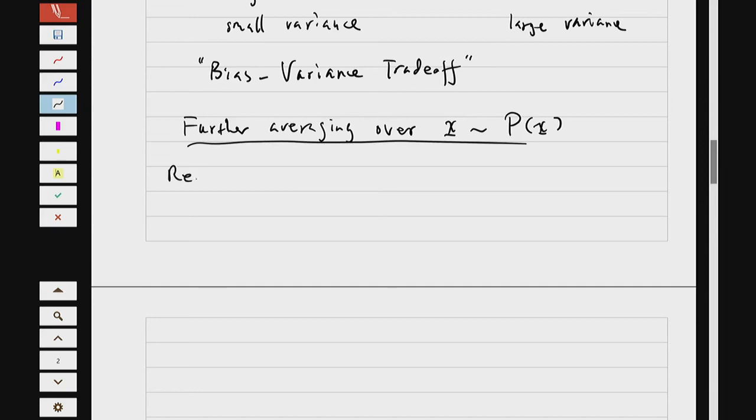Recall that our normal definition of the test error, E out, of this final hypothesis GD, is an expectation over x of GD of x minus f of x.